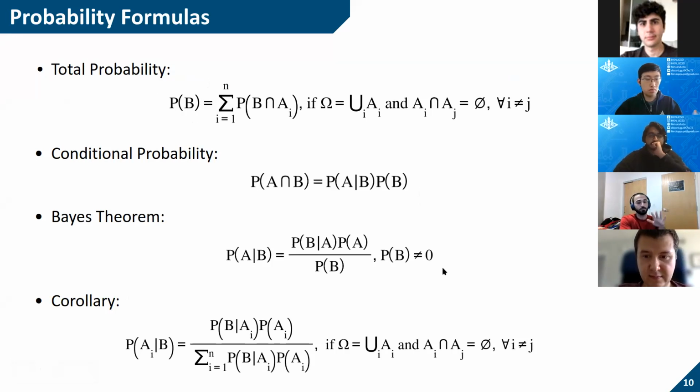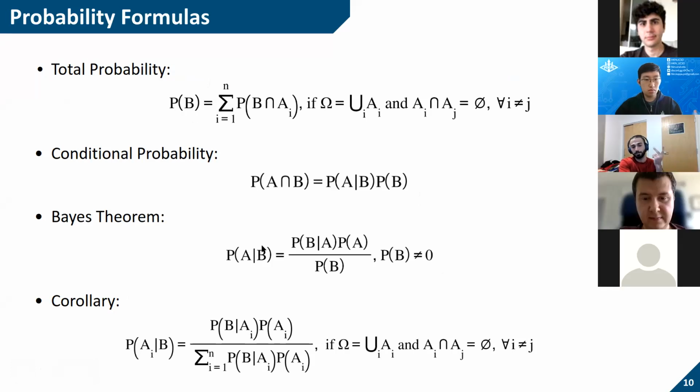We have Bayes' rule, a very important formula, which helps to flip the conditional probability. As a rule of thumb, it is very useful when incorporating a bunch of observations into your estimation. People always use Bayes' theorem.